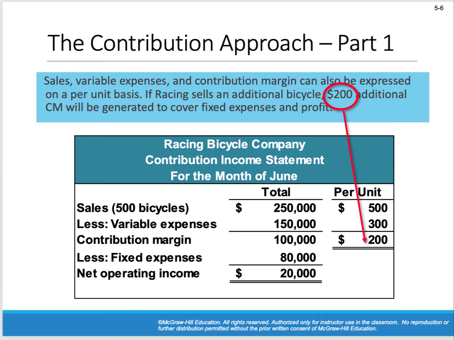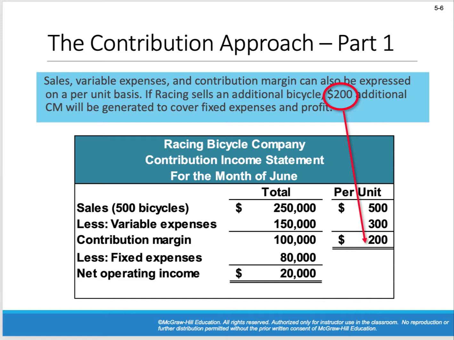RBC. Okay, so for each additional unit RBC sells, we see that as it is right now, they sell 500 bicycles. The per unit selling price of one bicycle is $500. The variable expense of producing this bicycle is $300. We have $200 of contribution margin.